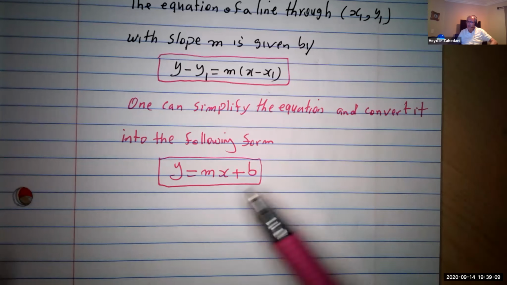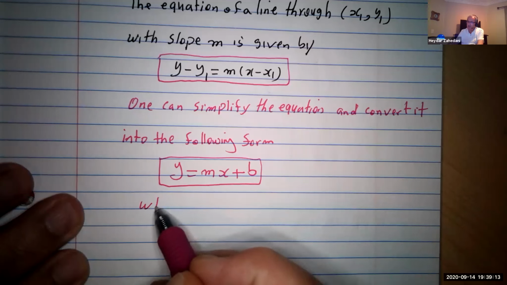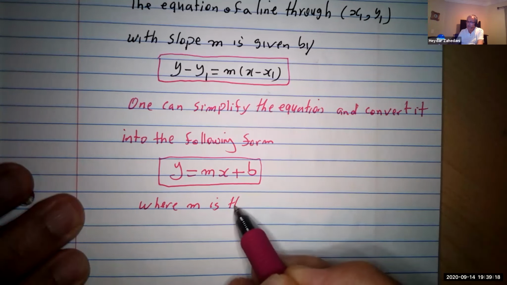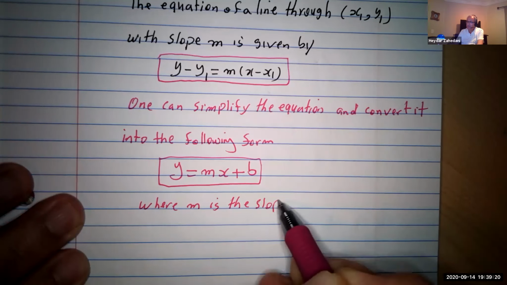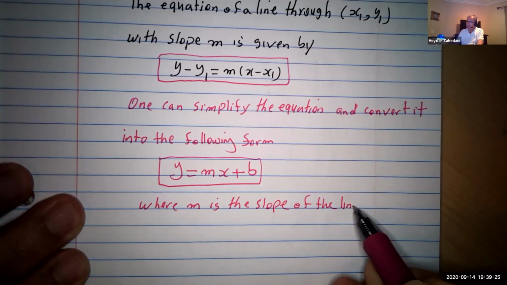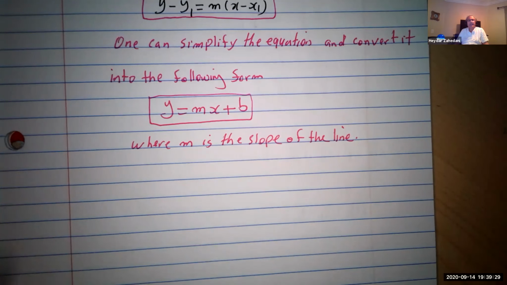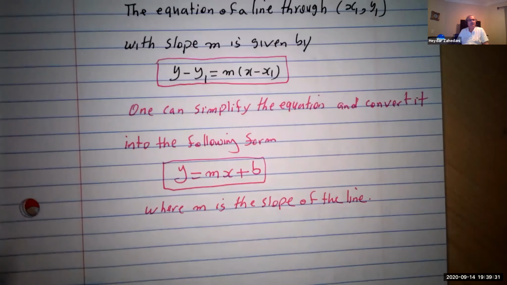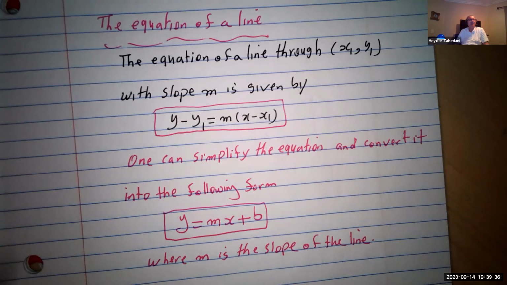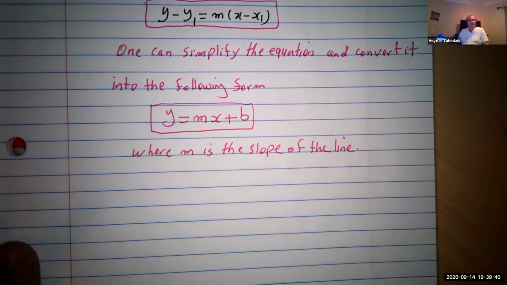The advantage is we can find m, where m is the slope of the line. So if the equation is given to you, you can find the slope, or if this information is given, you can find the equation of the line. Any question?